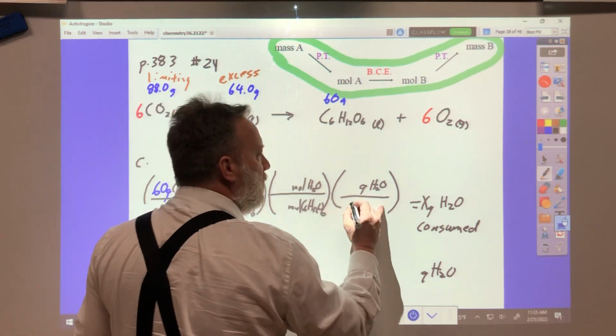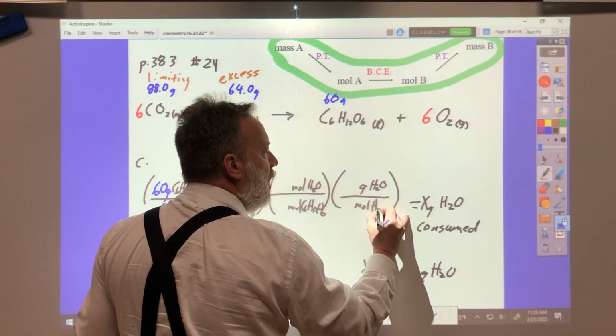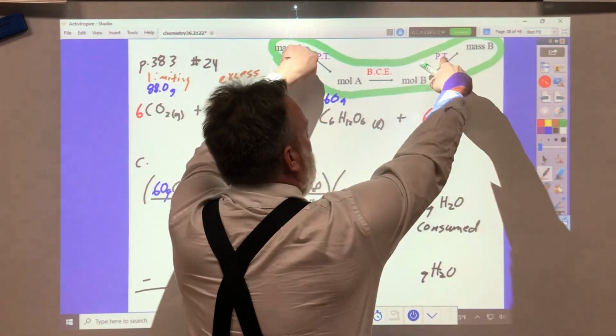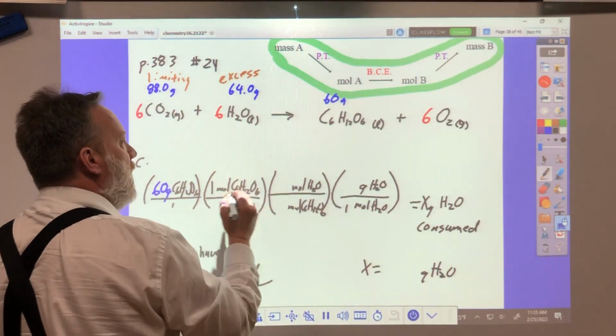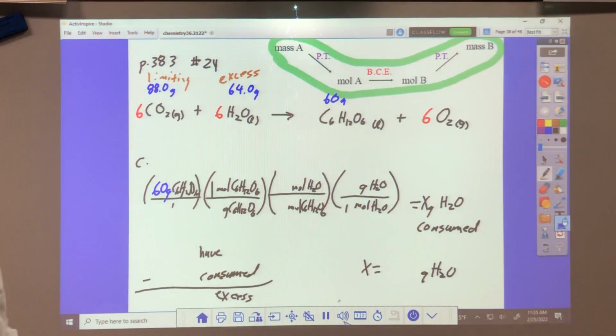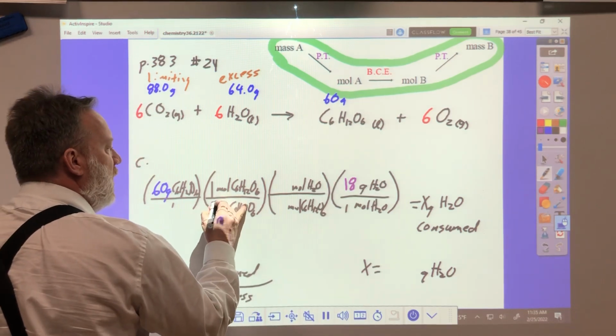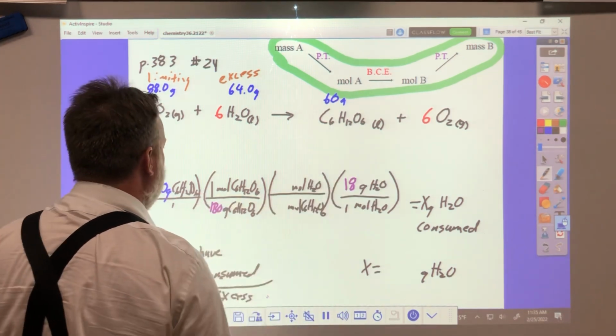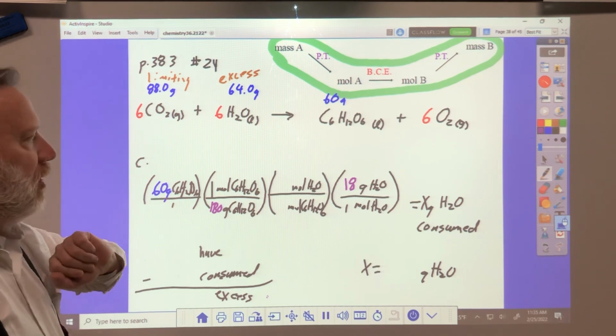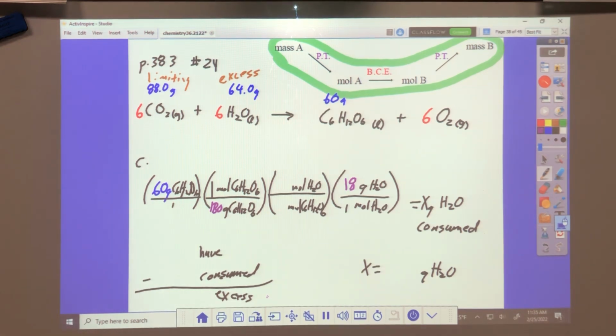C6H12O6. This goes here. Moles H2O. From the periodic table, a mole has a mass of, we've already determined these, water is 18, glucose is 180. By the way, that's a tenth. So far we have 6. You don't even need a calculator for this one.